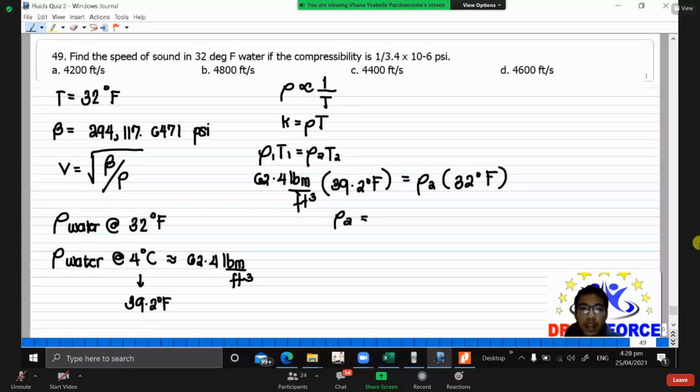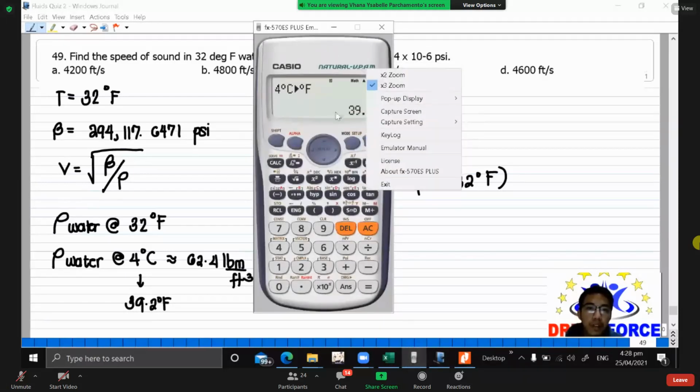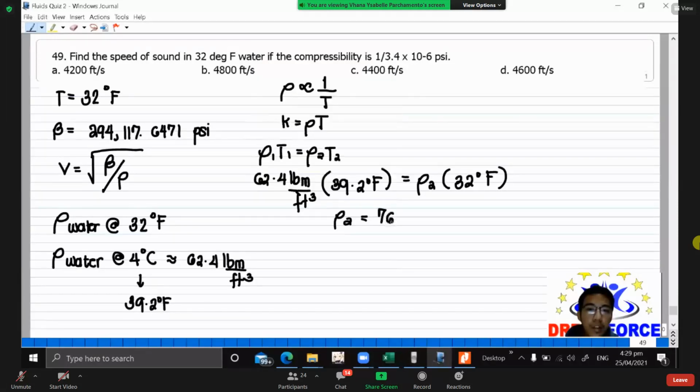So, bumaba yung temperature, ibig sabihin, tataas ng konti yung ating density. Okay, so we have 62.4 times 39.2, okay, by 32. We have 76.44 pound mass per cubic feet. Ayan, so may density ka dito, pwede natin kunin yung ating velocity.